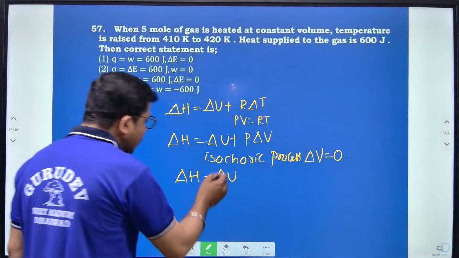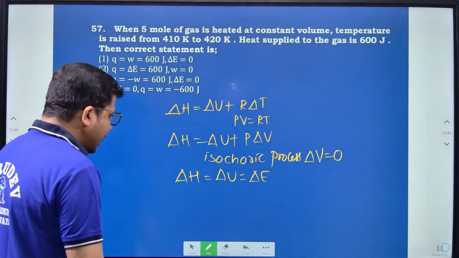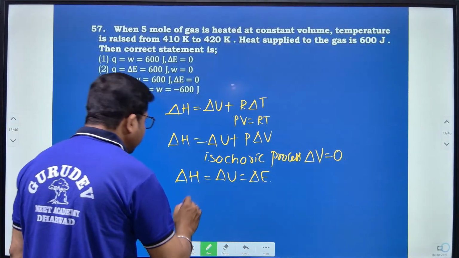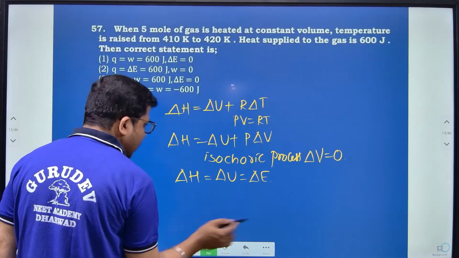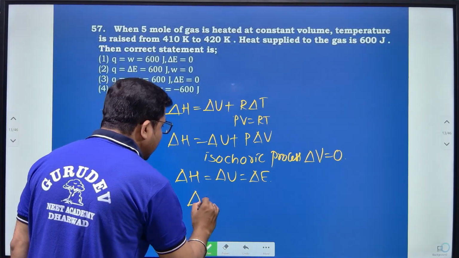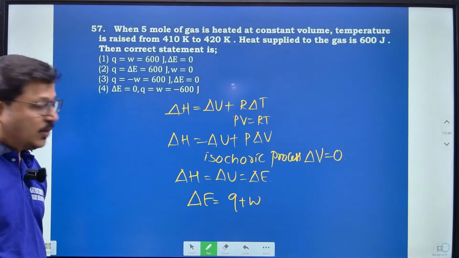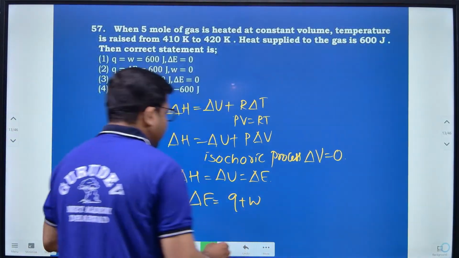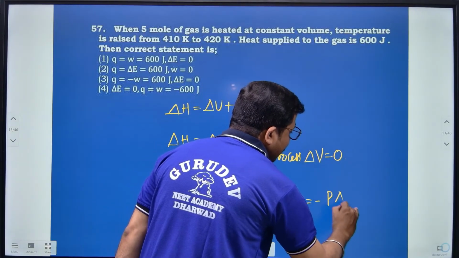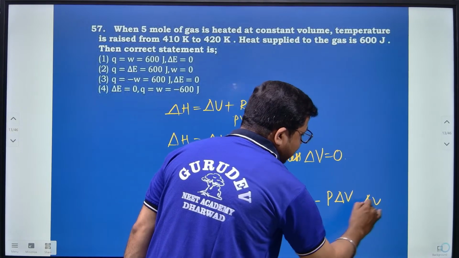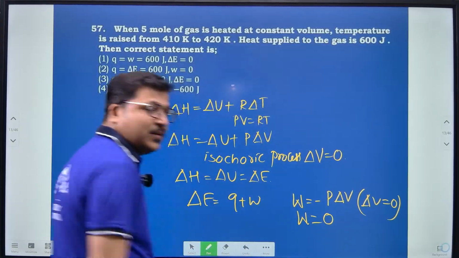Now let's move to delta U, which can be taken as delta E also. Again there is an equation, delta E is equal to Q plus W. But W is equal to minus P into delta V. Again delta V is equal to 0, then W is also 0.